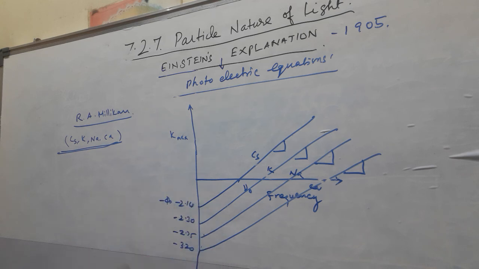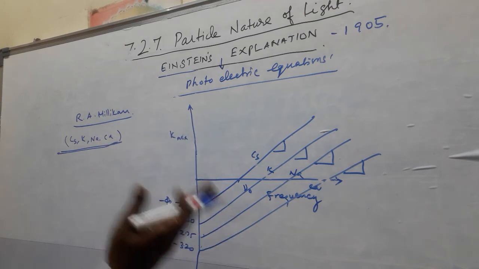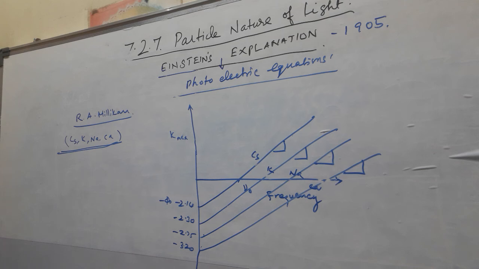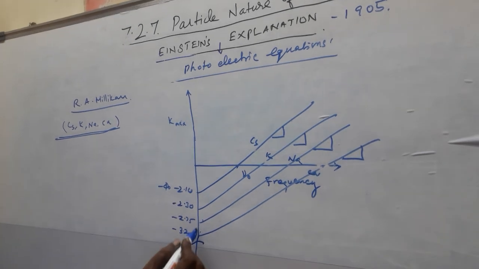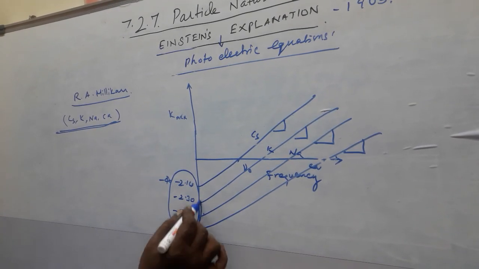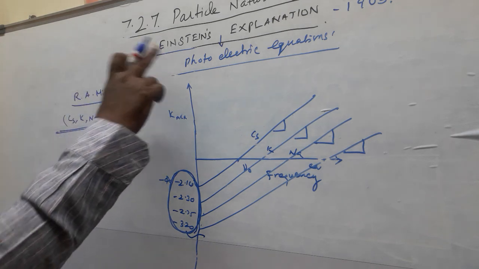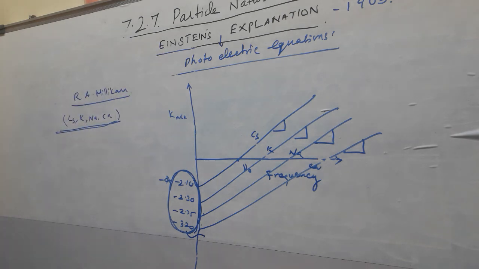From this graph, we conclude that there is no change in the slope, just like the slope Einstein derived; both are equal, but the work function may differ. So R.A. Millikan concluded that the theoretical value as well as the tabulated value are very close and equivalent, so Einstein's theory of the photoelectric equation was proved.